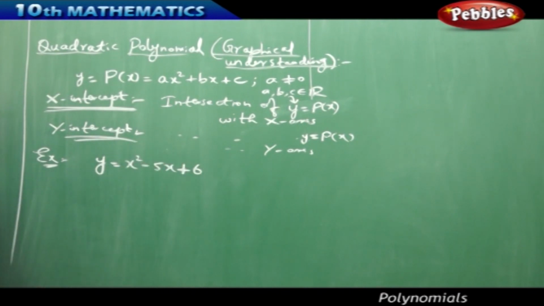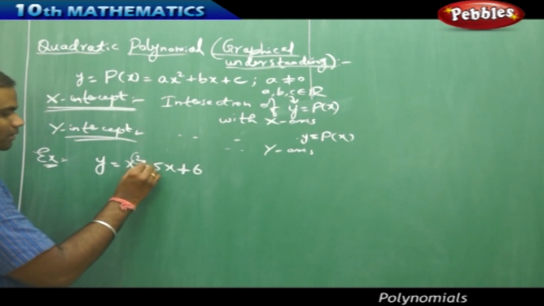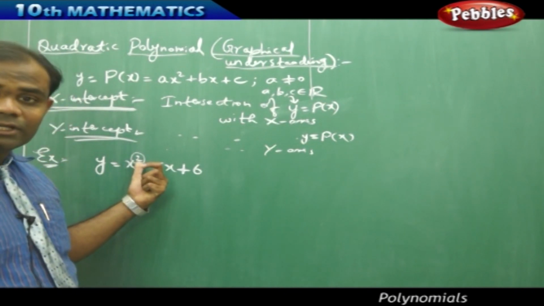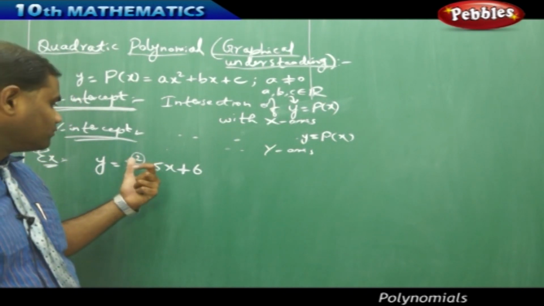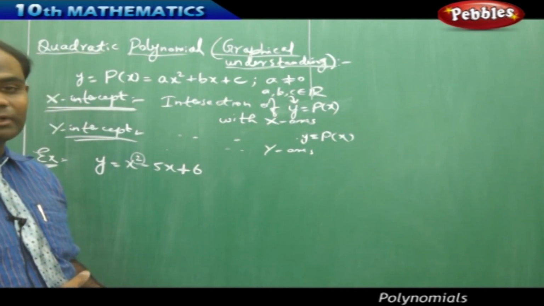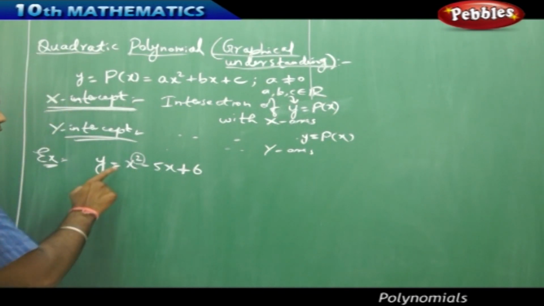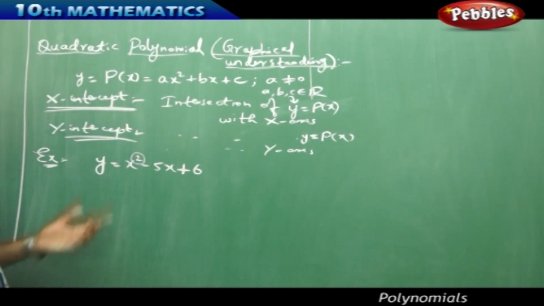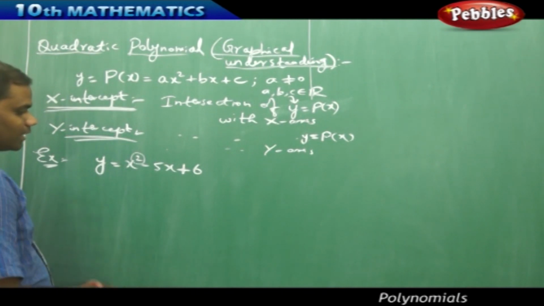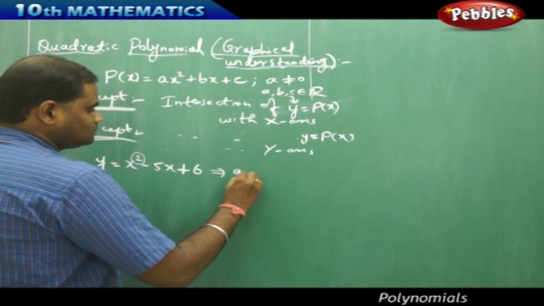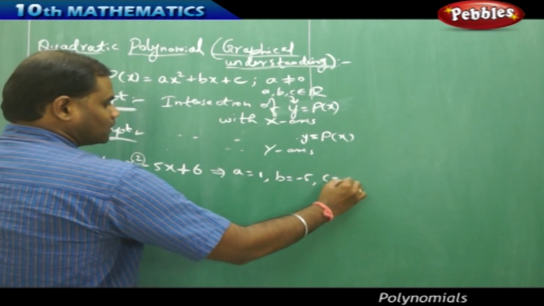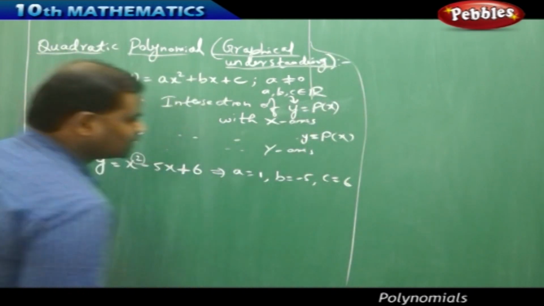This is a quadratic polynomial because the highest power here is 2 and it is a non-negative integer. The coefficients are 1, minus 5 and 6, and the variable is x. So for this example I identify that my first coefficient is 1, the second is minus 5, and the third is 6.